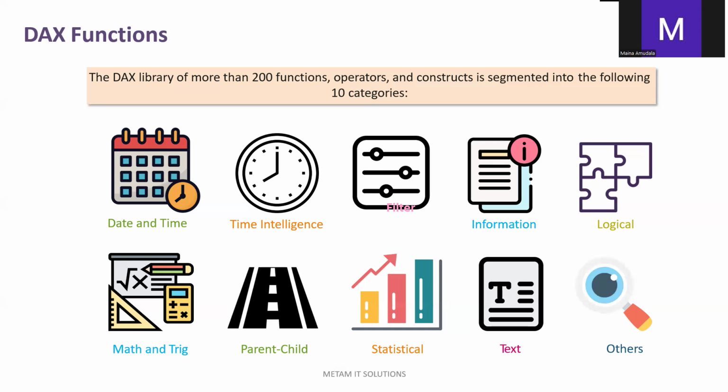The table functions are CALCULATETABLE, FILTER, ALLEXCEPT, SUMMARIZE. Next, relationship functions like RELATED and RELATEDTABLE. And other functions are BLANK, ERROR, ISBLANK, ISERROR, ISLOGICAL, ISTEXT. These are the other functions.